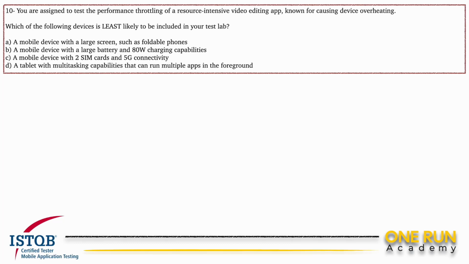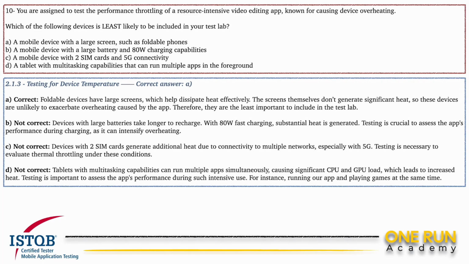Now that we understand the situation, we'll go through the options and figure out which device doesn't quite fit the scenario. Starting with option A, which describes a mobile device that has a large-sized screen, such as a foldable phone. While foldable phones have larger screens that could, theoretically, generate more heat, the large surface area of the screen itself actually helps dissipate that heat more effectively.